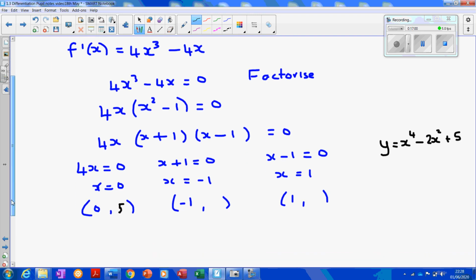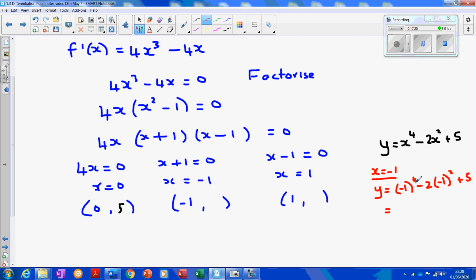That's 5 in there. Okay, when x is equal to minus 1, and I'm going to write this one out, so x equal to minus 1. So y is going to be equal to minus 1 to the power of 4 minus 2 times minus 1 squared plus 5.